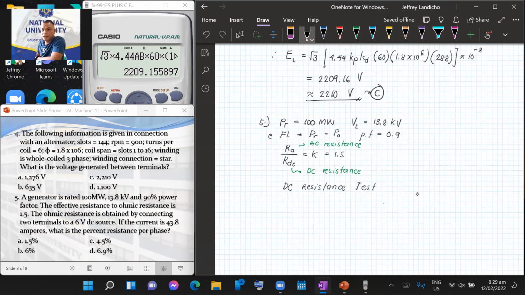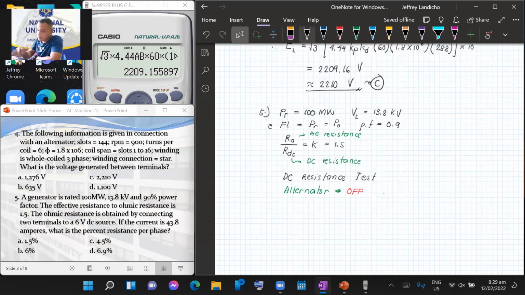To perform it, our alternator should of course be shut down, in the off position. Let us consider a Y connection, though we can connect delta or Y depending on the application.